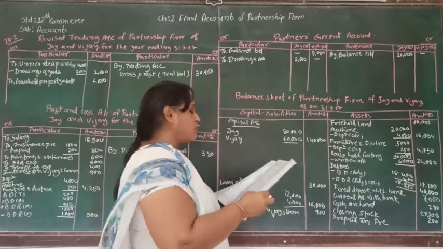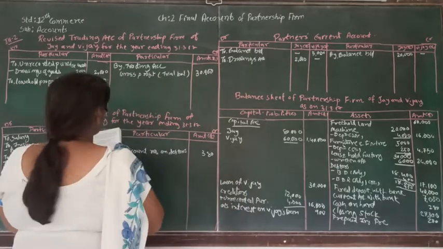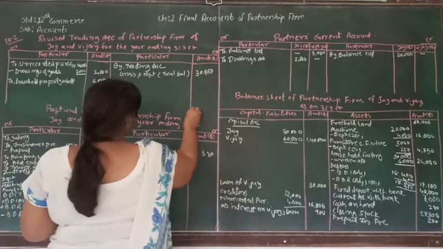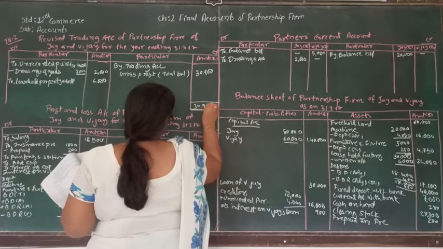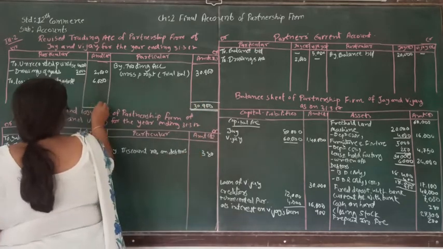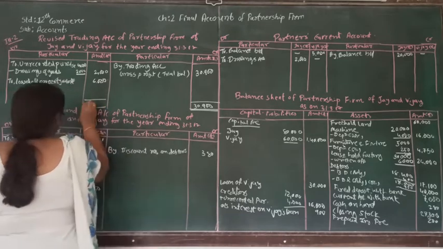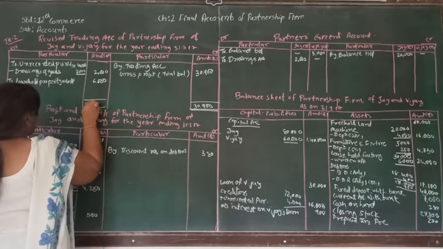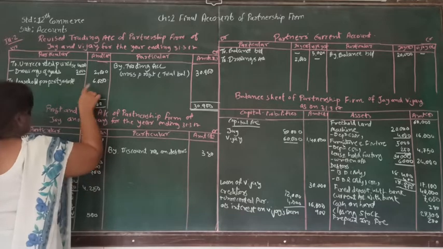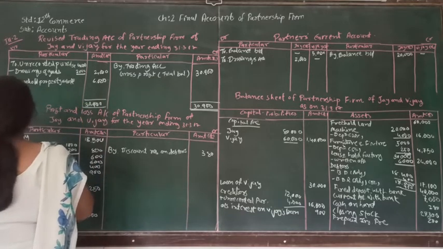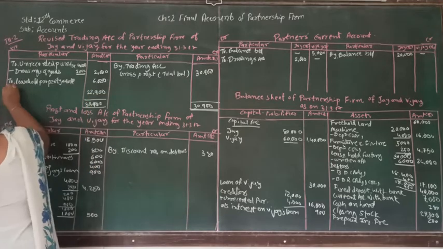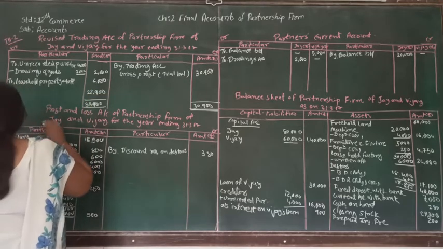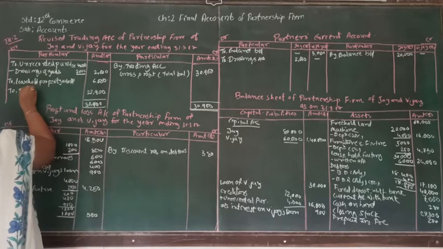Now let's try to find out the gross profit. Here we can see that on the credit side the total is 30,900. That 30,900 we are going to take to the debit side. From this 30,900, if we deduct 8,000, then we get 22,900, and this is called our revised gross profit.